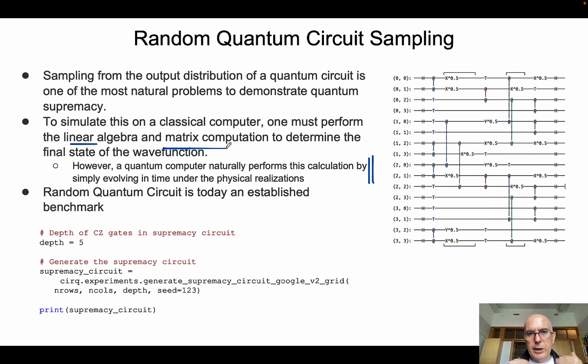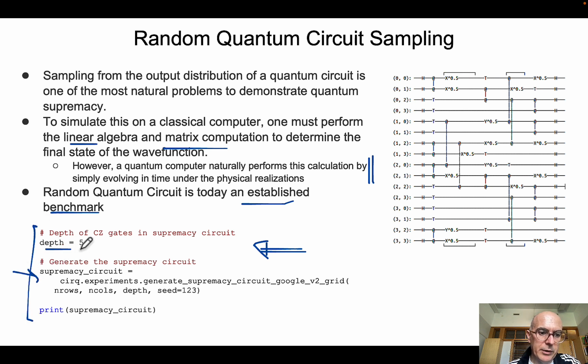So this is a benchmark. It doesn't have a direct application to a science problem. And today, this random quantum circuit sampling is an established benchmark. For instance, if you use Cirq, the Google quantum computer simulator, which also interfaces to the quantum computer, you can prepare the quantum circuit quite easily.